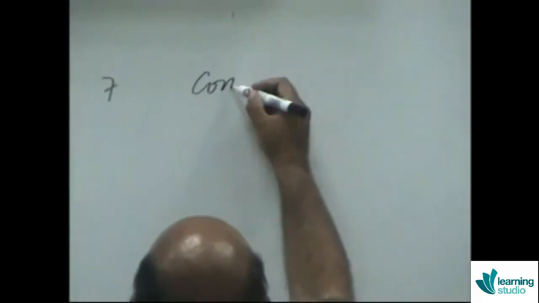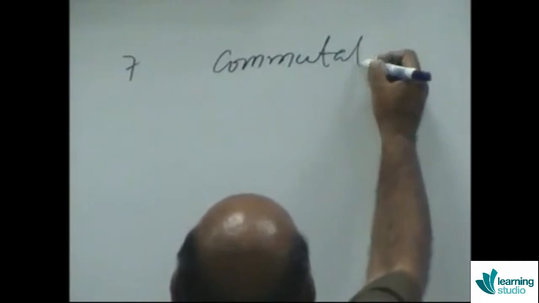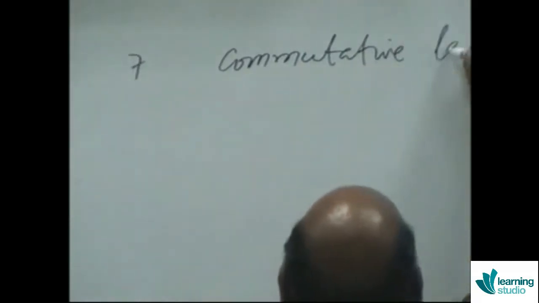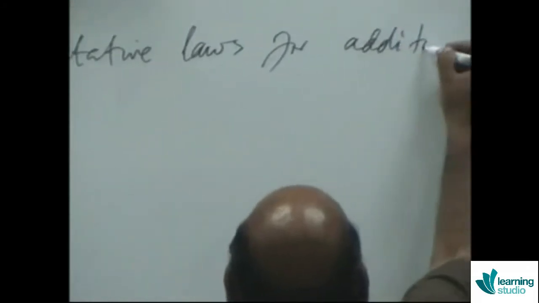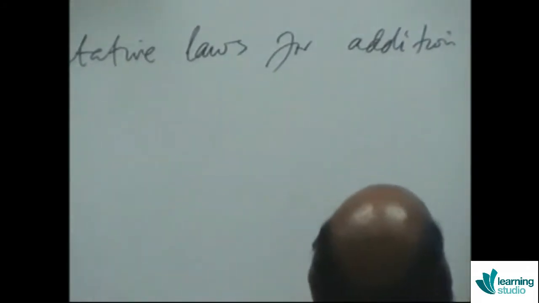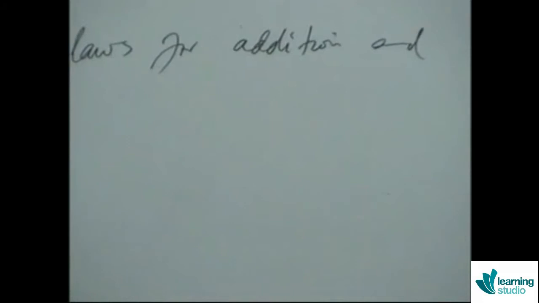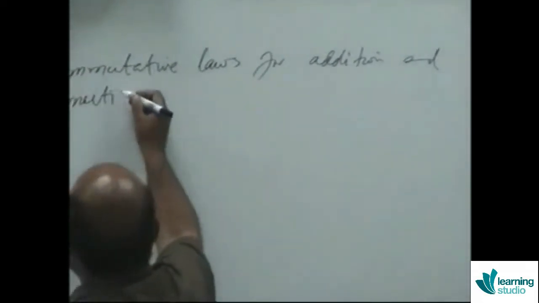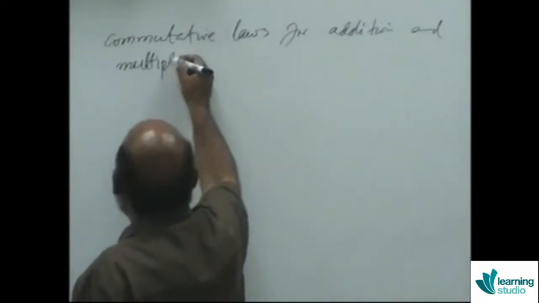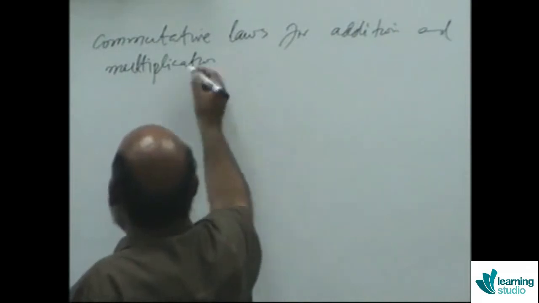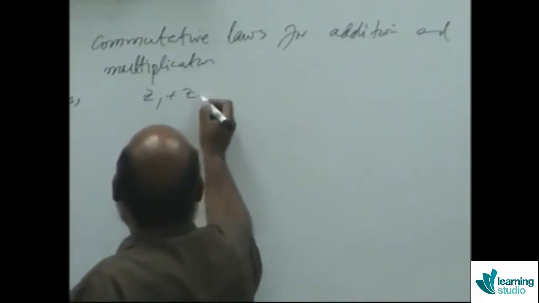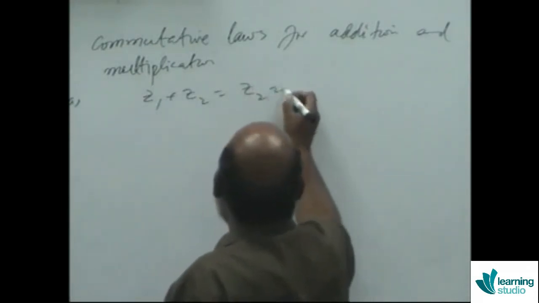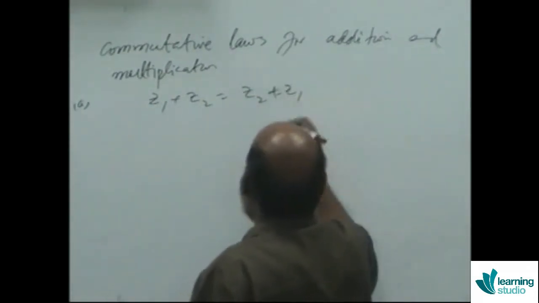Then we have commutative laws for addition and multiplication. The commutative laws are Z1 plus Z2 equals Z2 plus Z1.